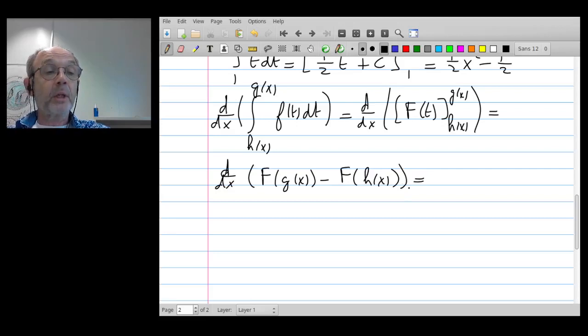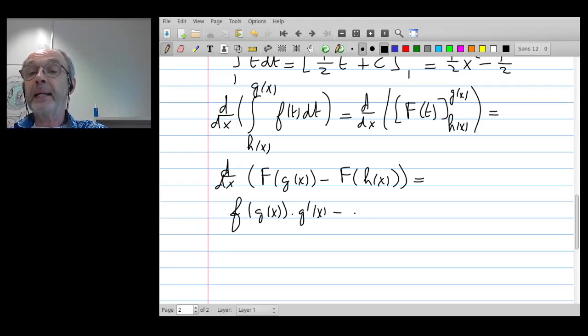And here you have to use the chain rule. And if you use the chain rule, what do you get out of it? The derivative of the capital F is the little f, so you have the little f working on g of x times the derivative of g, minus the little f working on h of x times the derivative of h.